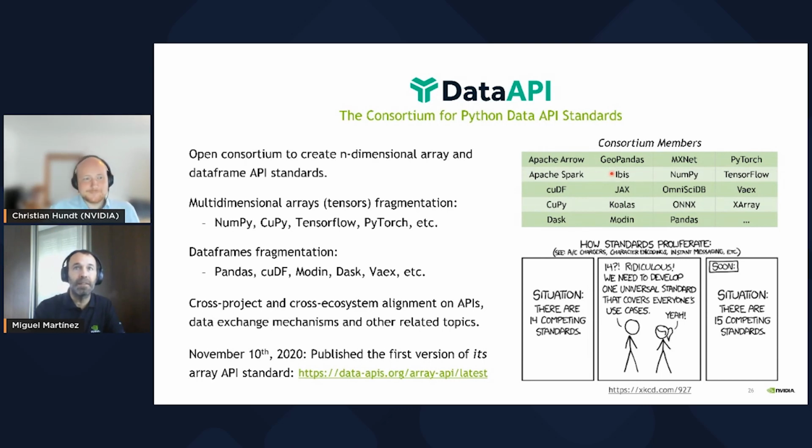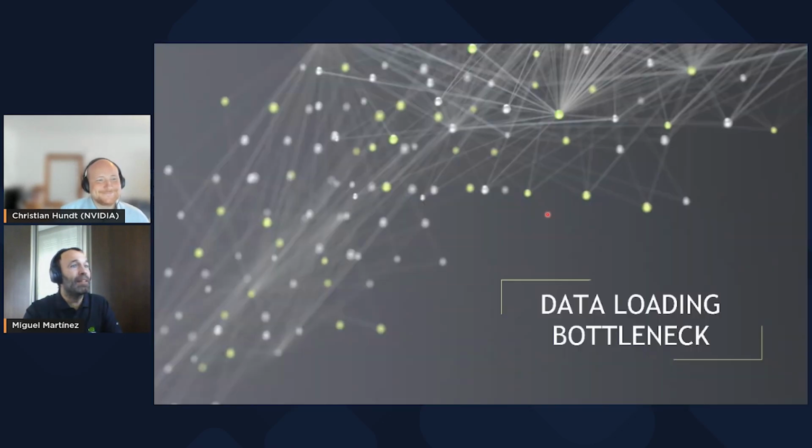A standard in both the functionality, the nomenclature of the methods themselves, to name the same functionality in the same way, and also how to organize the data and all the things. It is a really nice approach. It is working. We have already the first version of the specification. And this is the standard until we find another standard, basically. I think that with that, I will pass the ball again to Christian to talk about data loading bottlenecks. Christian, please. Happy to continue.